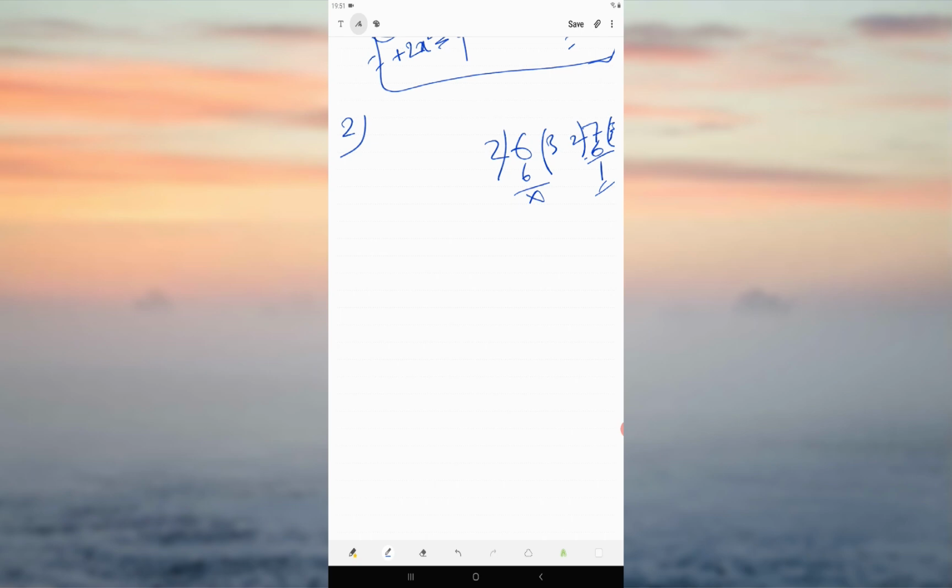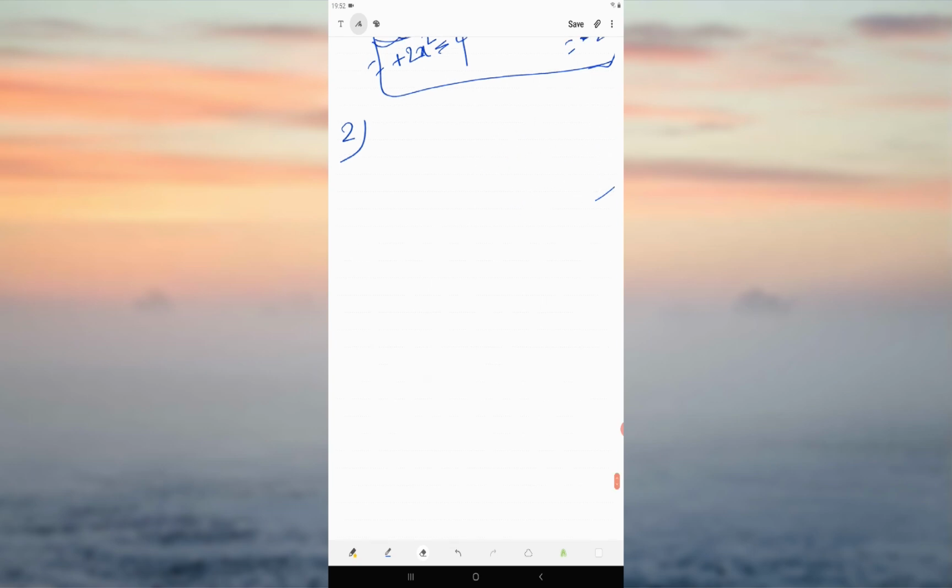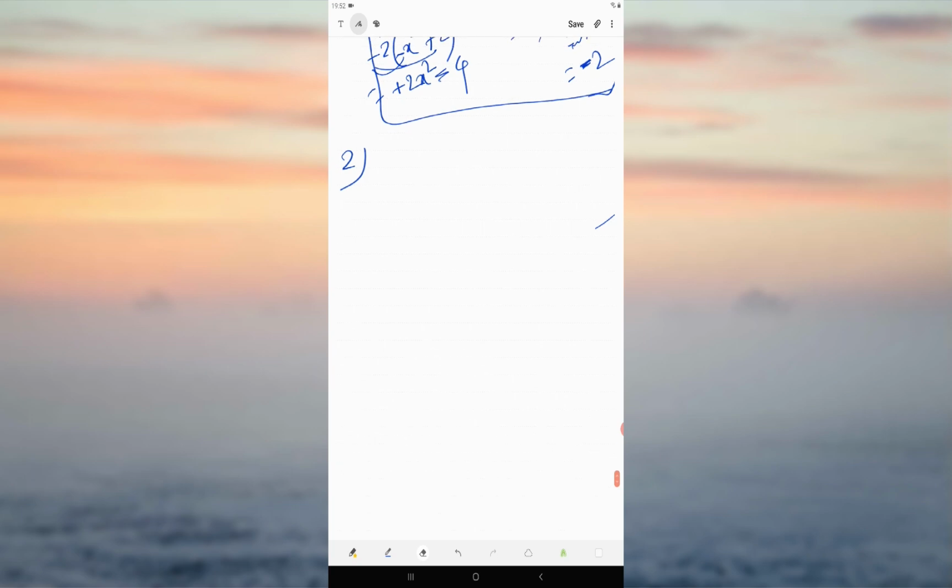So if the remainder is 0, that means it's a factor, and if we get a remainder, then it's not a factor. Very easy. Same way we are doing division only, but we need some extra check: remainder is 0 or not 0. If 0, then it's a factor. If not 0, then it's not a factor.